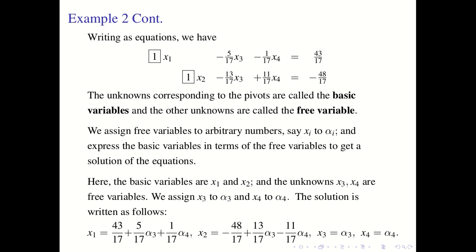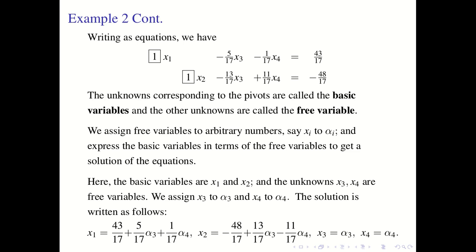Now let's solve this. The equations corresponding to the row reduced echelon form are x1 minus 5 by 17 times x3 minus 1 by 17 times x4 equal to 43 by 17, and x2 minus 13 by 17 x3 plus 11 by 17 x4 equal to minus 48 by 17.